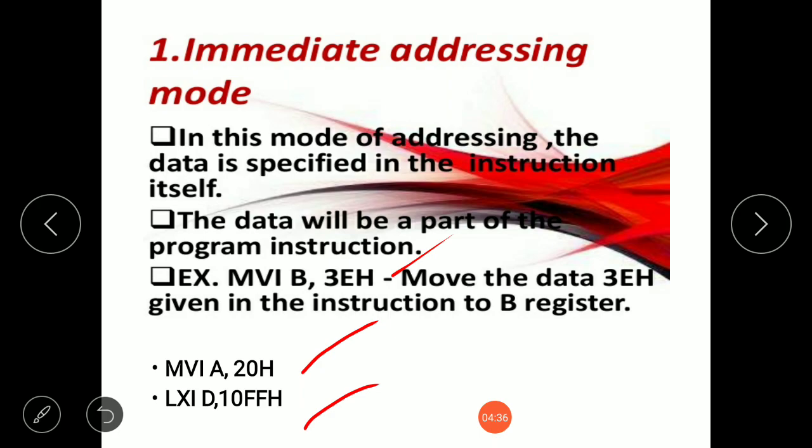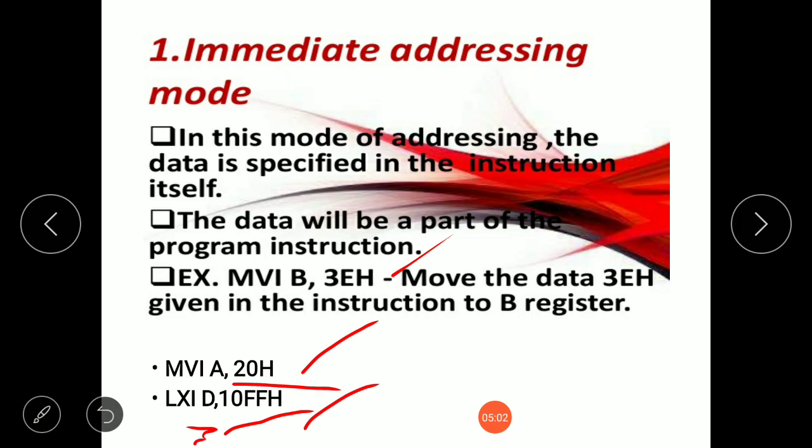These instructions have the letter I. So all those instructions which have the letter I, like MVI, LXI, fall under the immediate addressing mode category, and the 8-bit or 16-bit operand is directly given in the instruction.